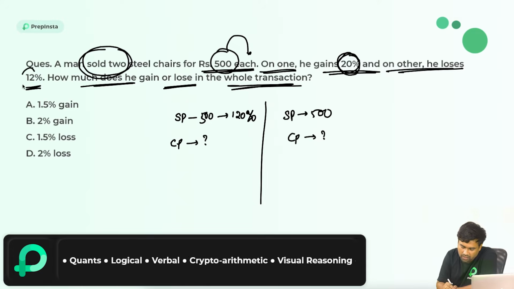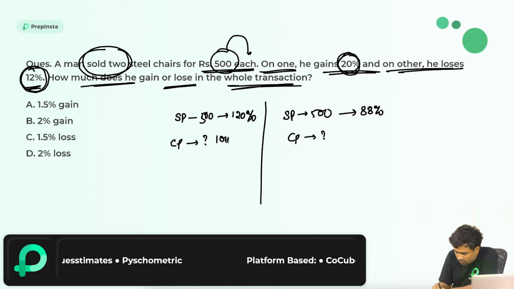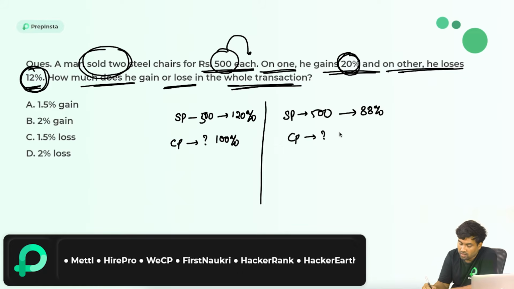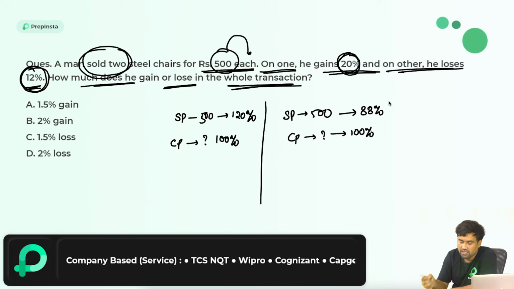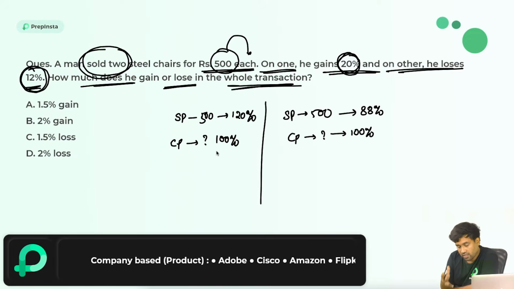And on the second one, he lost 12%. So it is 88%. Why? Because the cost price is always 100%. If you got 20% profit, 120% is the selling price, and 12% loss means 88% is the selling price. Can you find 100%? Yes, we can.